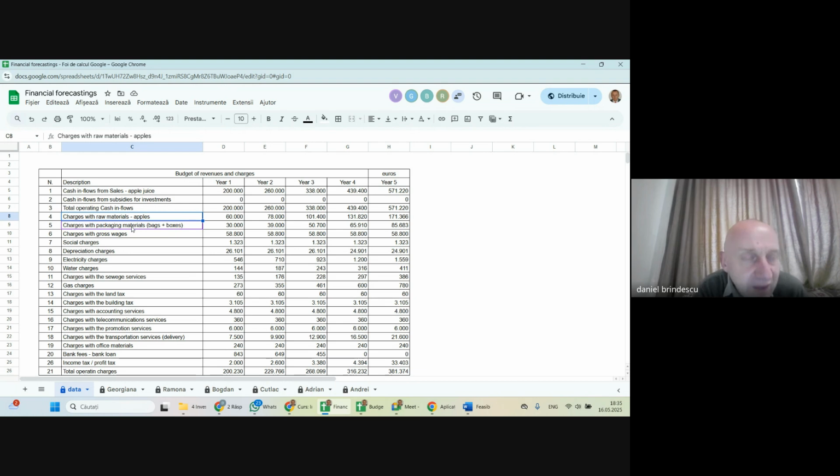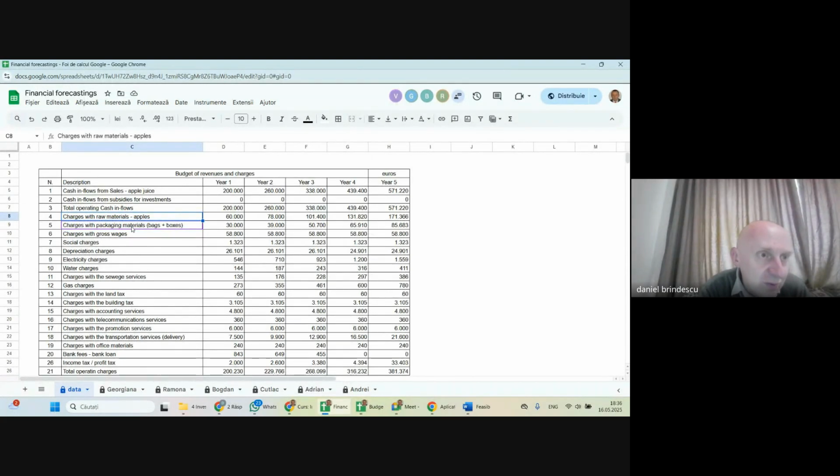So again, here as well, there could be differences between the charges and the payments for apples.